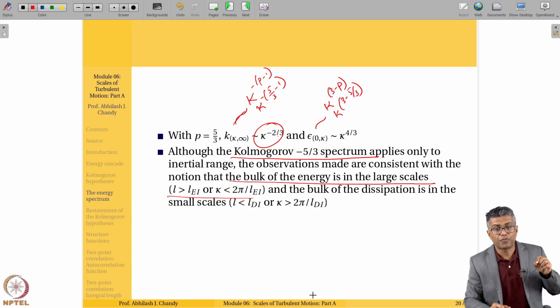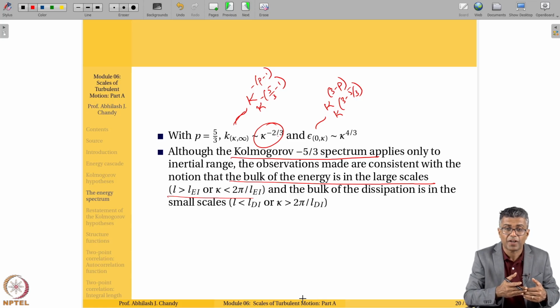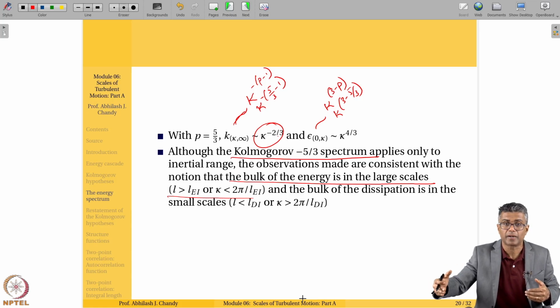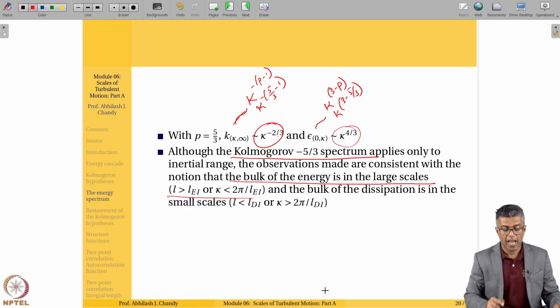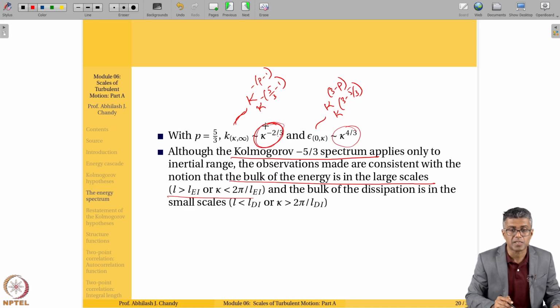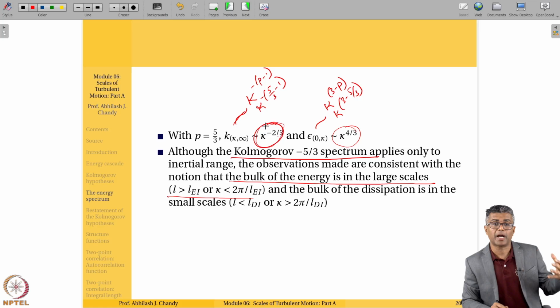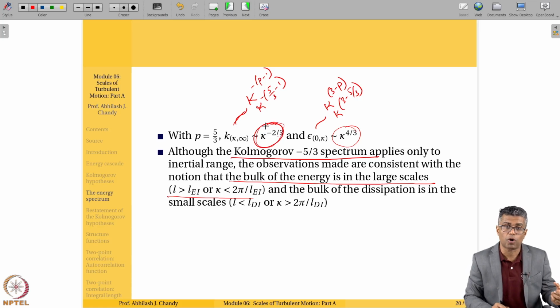Whereas if you look at epsilon, it is dependent on kappa to the 4/3. So as the wave number is increasing, this number is getting larger. As the wave number is decreasing, the kappa to the minus 2/3 is getting smaller.